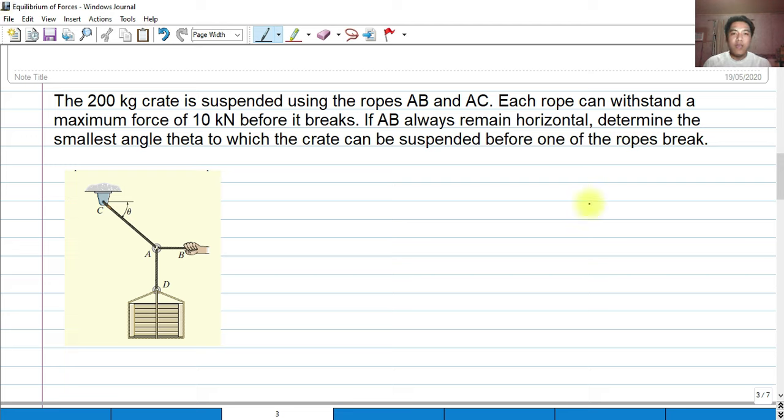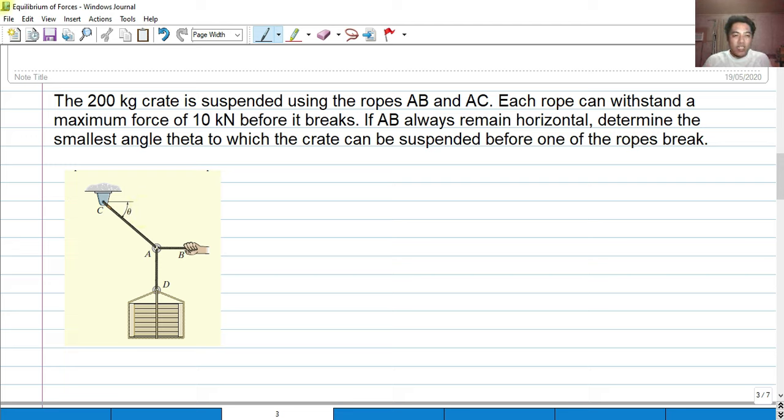If AB always remains horizontal, along the positive x-axis, assuming the same convention with our Cartesian coordinate plane, determine the smallest angle theta to which the crate can be suspended before one of the ropes breaks. So we are going to get the smallest angle theta to which the crate can be suspended before one of the ropes breaks.